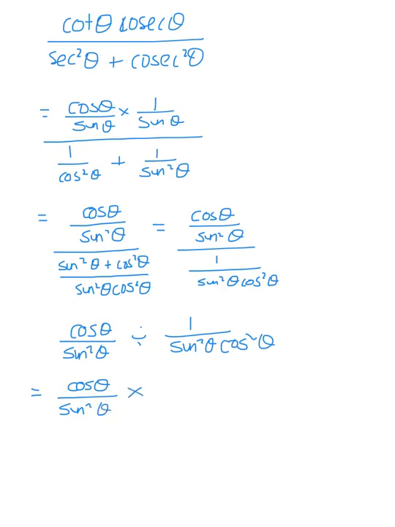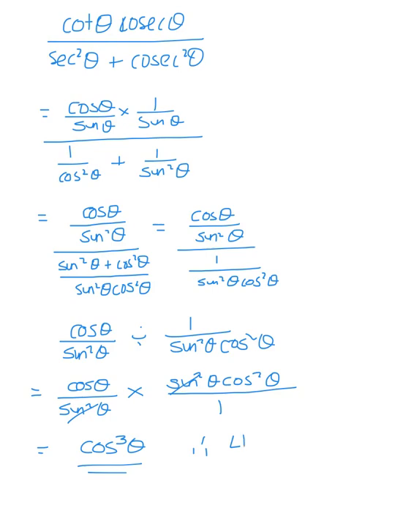Divide becomes a times, and then we flip the second fraction, so sine squared theta cos squared theta over 1. Because we're multiplying, we can cancel anything in the numerator with anything in the denominator. That cancels out my sine squared theta, and then multiplying through will give me cos cubed theta. So therefore I have proved that my left hand side equals the right hand side.